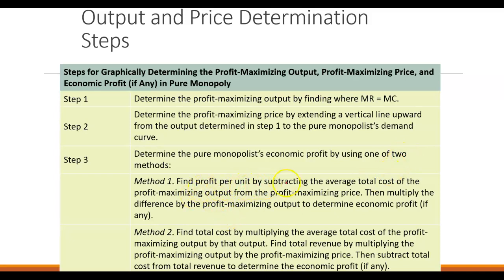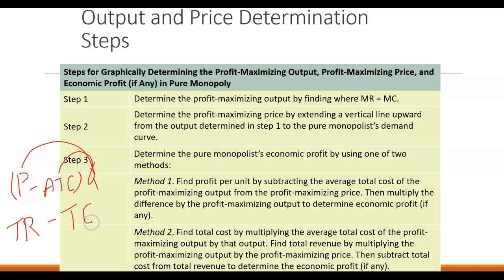Find profit per unit by subtracting the average total cost of the profit maximizing output from the profit maximizing price, then multiplying the difference. So we're basically saying price minus average total cost times Q. Or we're saying find total revenue, so P times Q, minus total cost. So those are the two ways to determine profit.